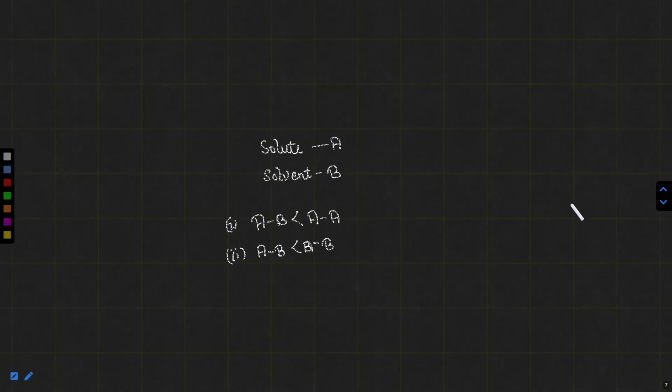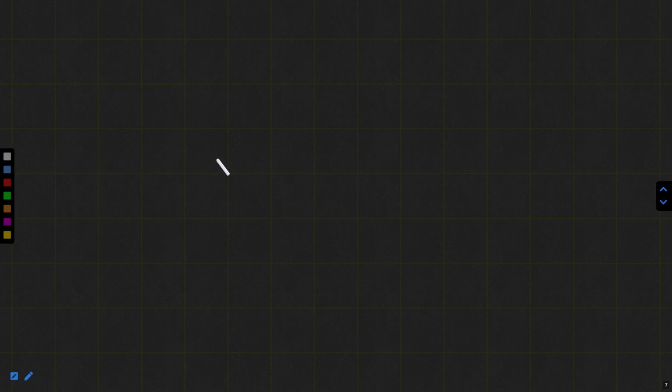So you know very well that ethanol looks like this. So we have this ethanol, C2H5OH, and then we have, say, acetone. So we have a dipole moment which looks like this.